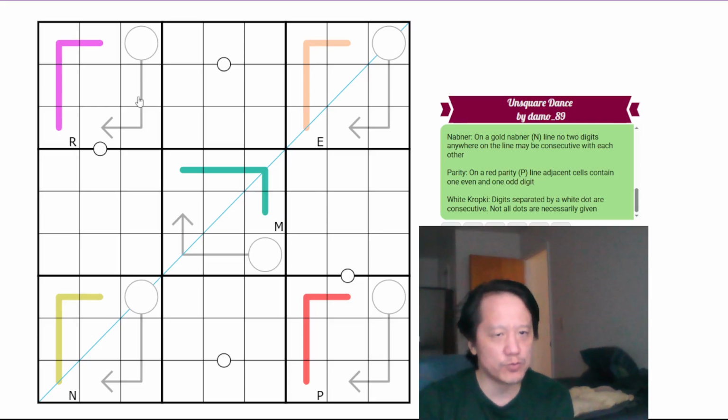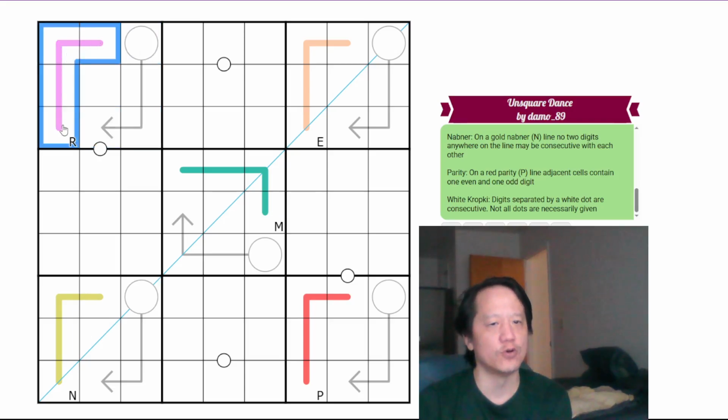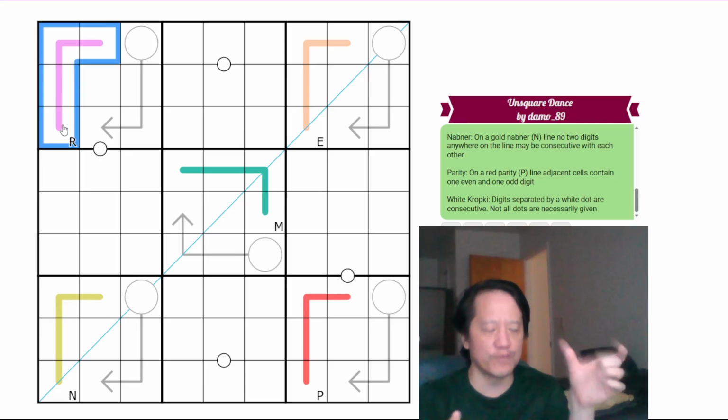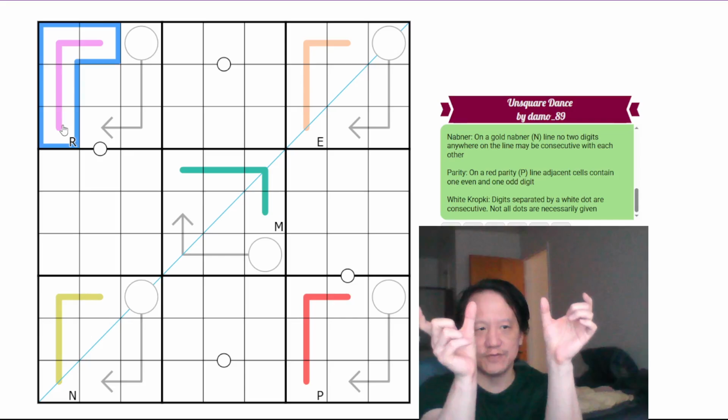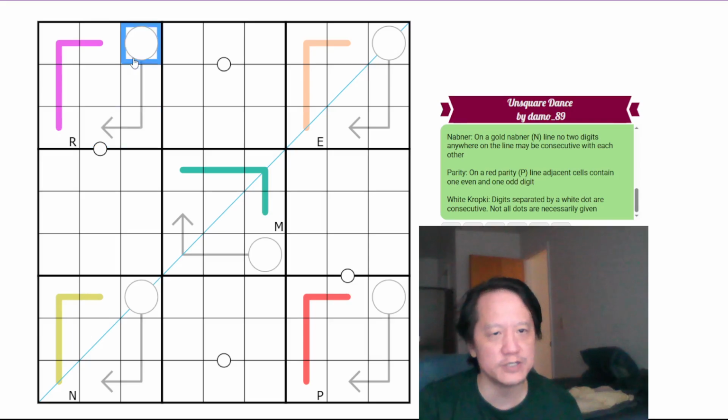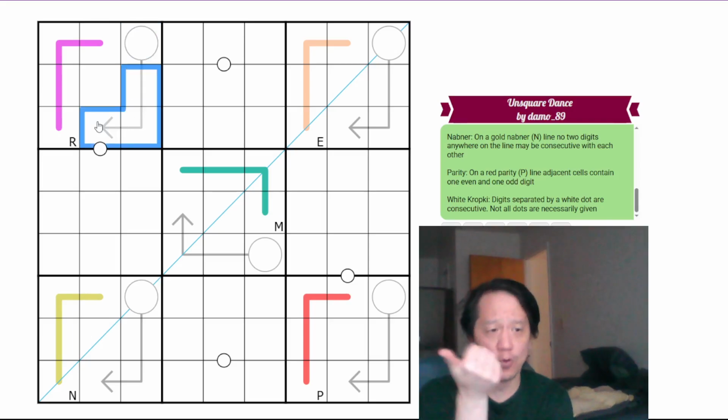But if this were 1, 2, 3 adding up to 6, there's no way that this can form a set of 4 consecutive digits. Right? 1, 2, 3, and 6 means you have 4, 5 left, and 7, 8, 9 left. And there's no way to make those consecutive. So this cannot be 1, 2, 3, and 6. Can this be 1, 2, 4, and 7?